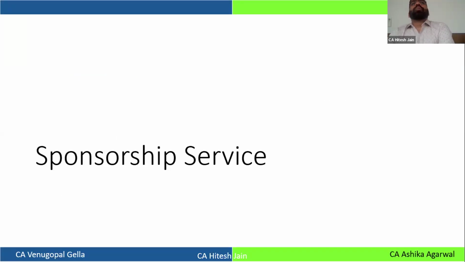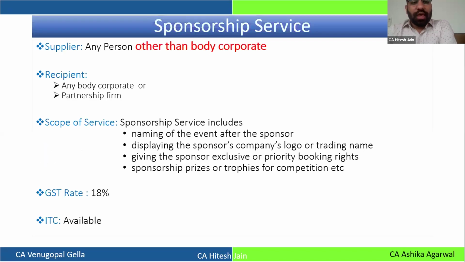Next, coming to the sponsorship service. With regard to sponsorship service, there has been a very recent change in the category of who will be the supplier. Very recently, the CBIC came up with a central tax rate notification, whereby they amended the provisions of supplier in case of sponsorship service.